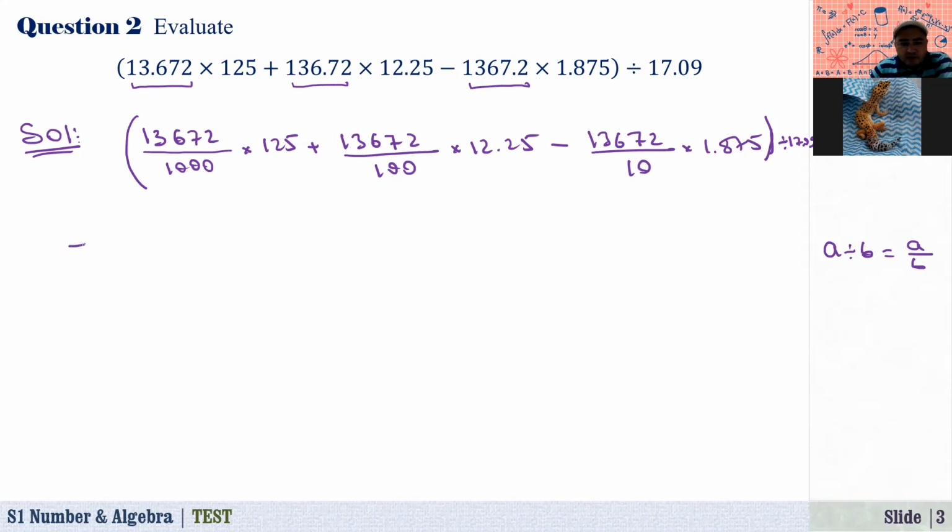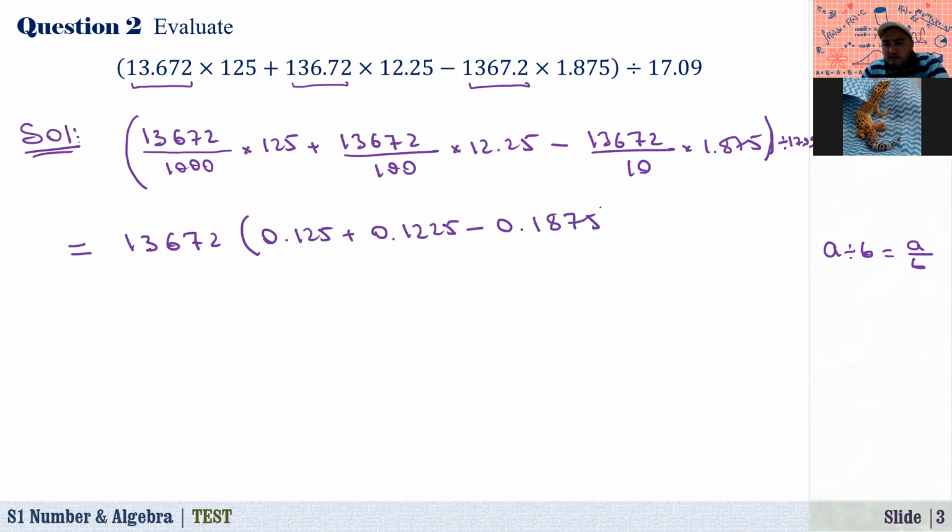Okay, so now what I am going to write here is 13,672 is a common factor. I can just take this out. So here we have 13,672. All right, and now here we have 125 divided by 1,000, that is 0.125, plus 12.25 divided by 100, 0.1225, minus 1.875 divided by 10, 0.1875.